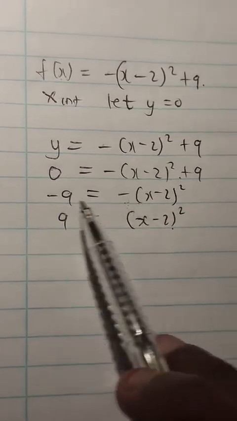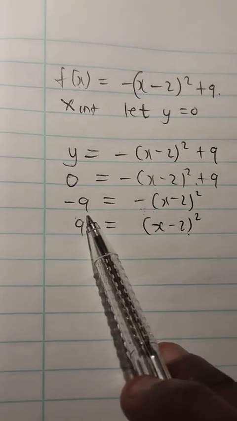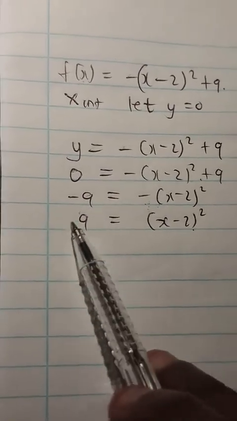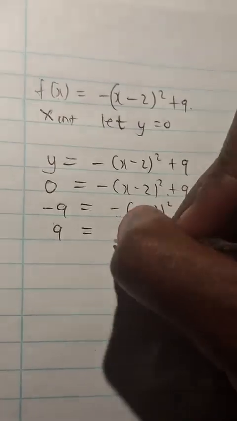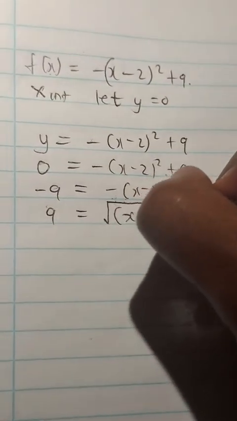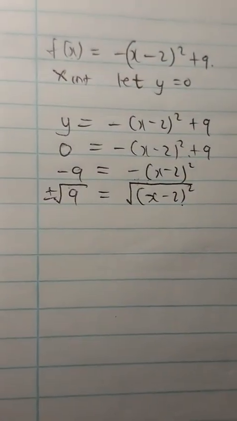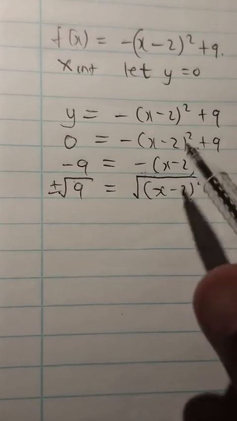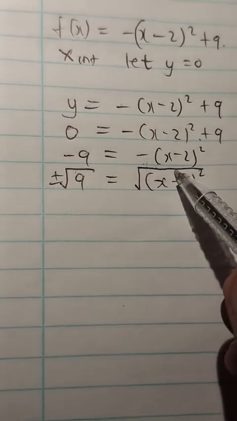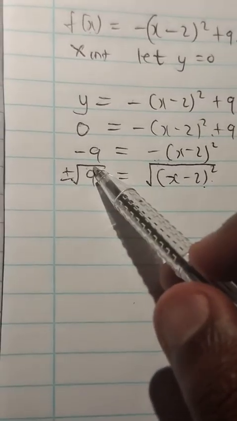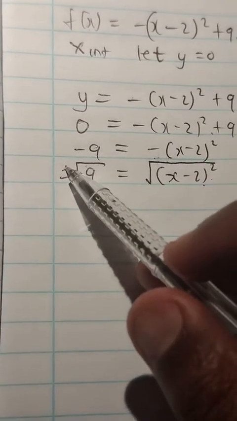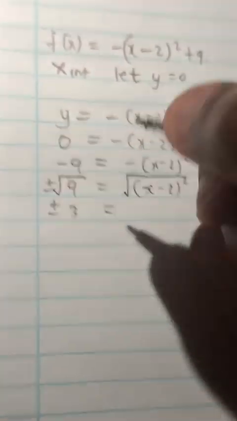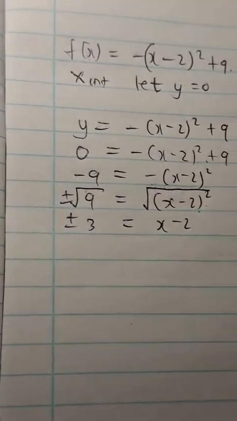But what we do on the right, we must do on the left. So negative 9 divided by negative 1 gives us a positive 9. Then of course, we take the square root on both sides. Where there's a constant term, we take the square root and write plus minus. So plus minus 3 is equal to x minus 2.